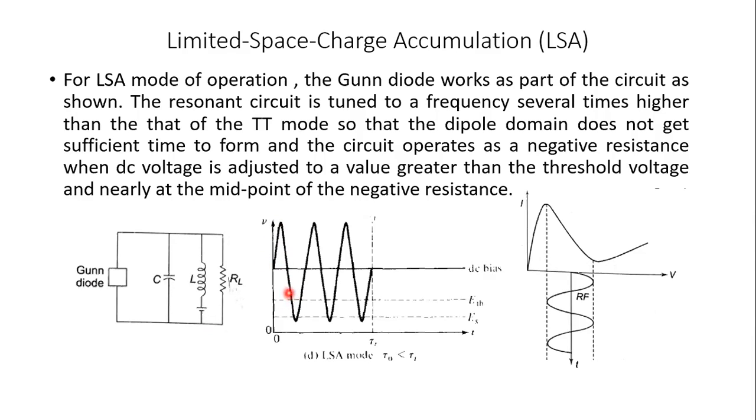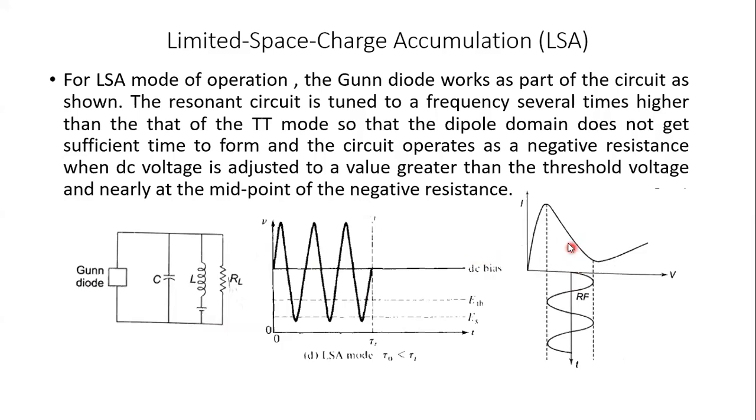So even though the high potential is there, the electrons are moving to the upper valley, but before they move, they are collapsing. And the domain formation is not going to take place because the time allowed for the formation of the domain is very less.